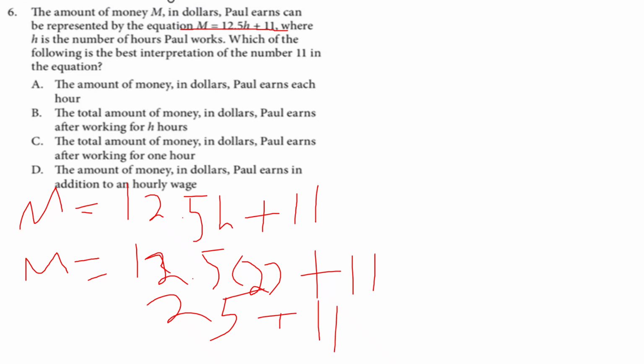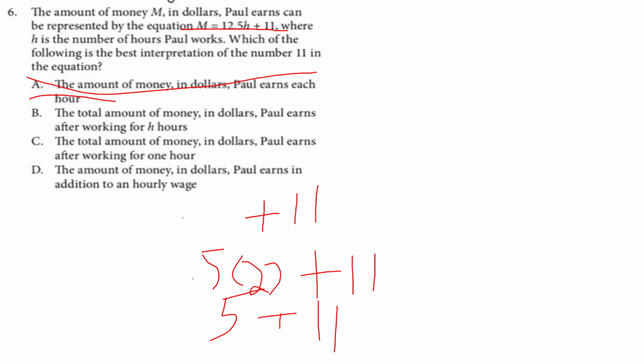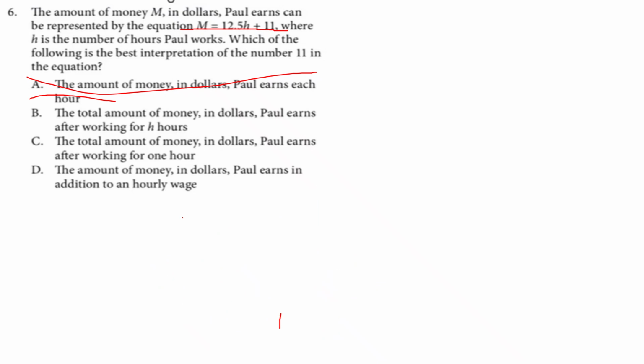So there's no way that the amount of money in dollars Paul earns each hour is what 11 represented, because that number will change how much Paul earns. It'll change every time he works more hours. So we can just get rid of that. All right, for option B, it's saying the amount of money in dollars Paul earns after working for 8 hours.